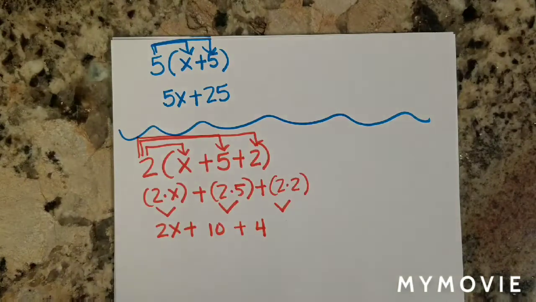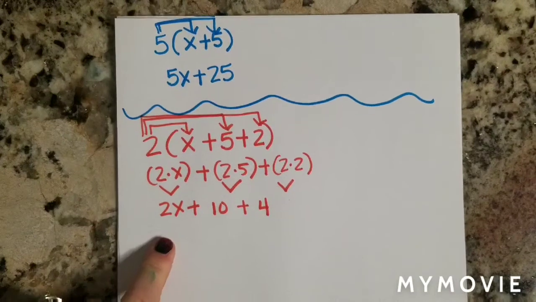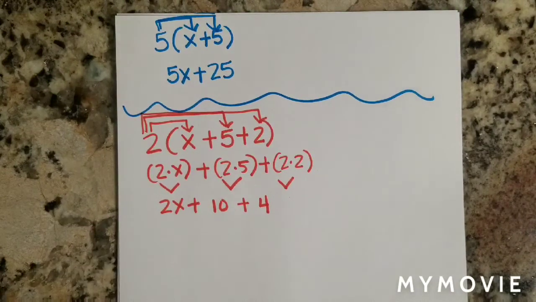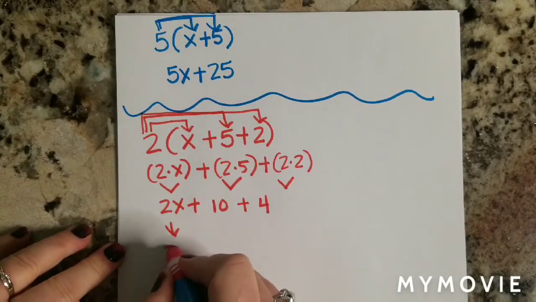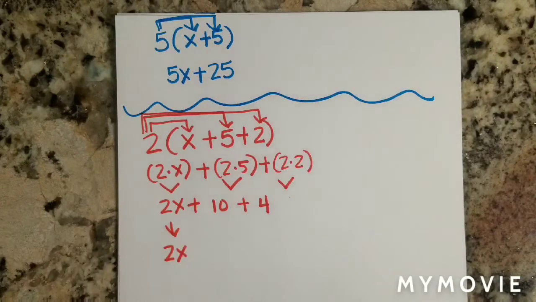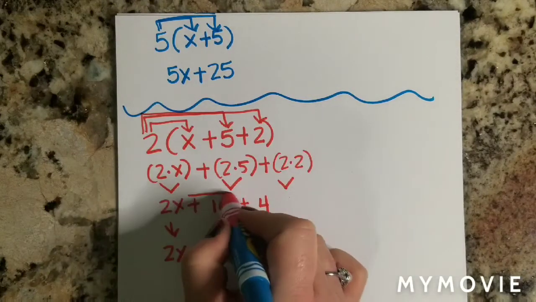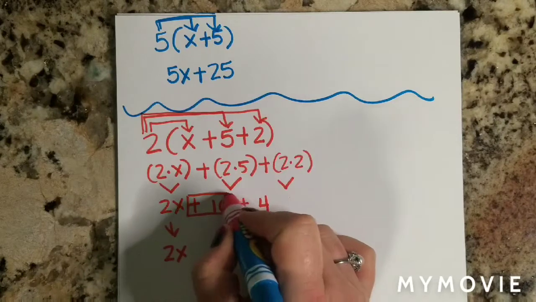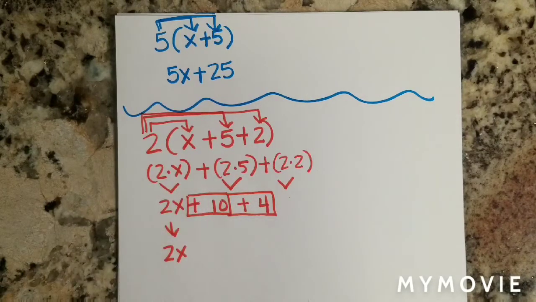Now we can simplify from here because this just looks like an expression that we've been using, right? So I don't see that there's anything I could combine with 2x. There are no more x's. So I would just bring that down and it would be 2x. But I do see that I have positive 10 and positive 4.